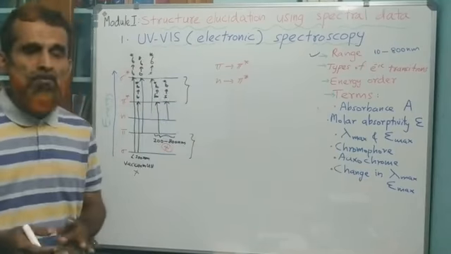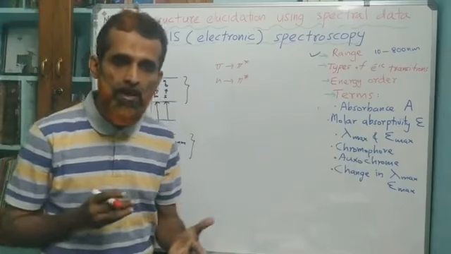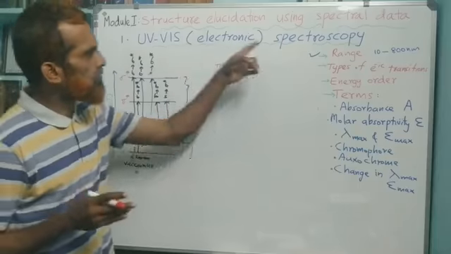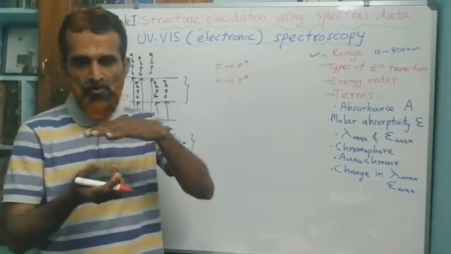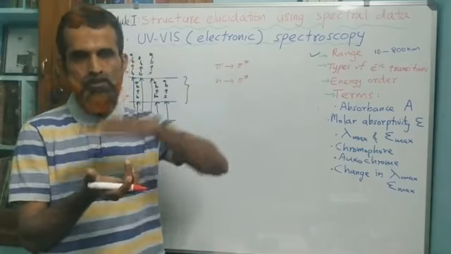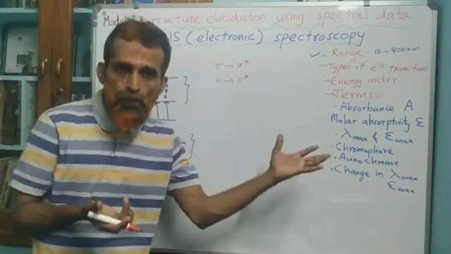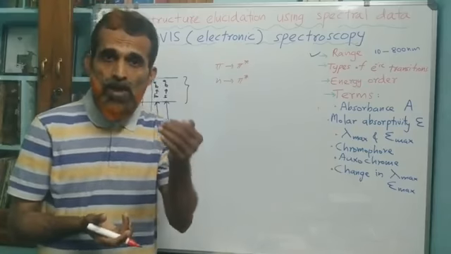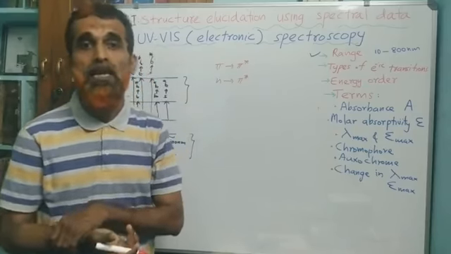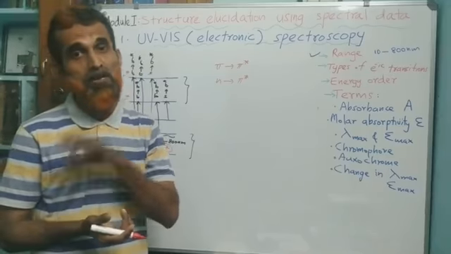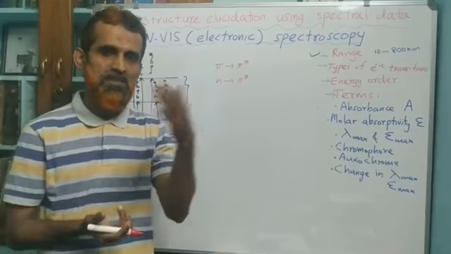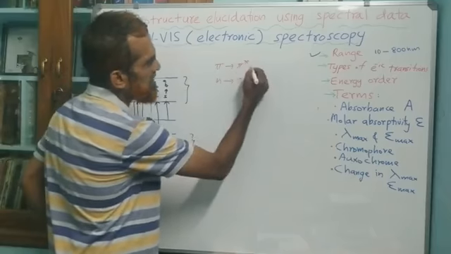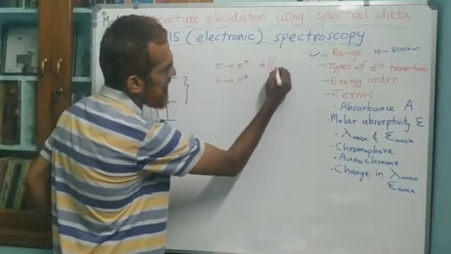Now transitions can be divided in another way based on whether they are forbidden or allowed. In spectroscopy, you might have learned that it involves transition of a molecule from a lower energy level to a higher energy level by absorbing radiation of suitable frequency, which is governed by quantum mechanical selection rules, right? You might have learned about selection rules, which come from quantum mechanics. So here, pi to pi star transition is called an allowed transition.